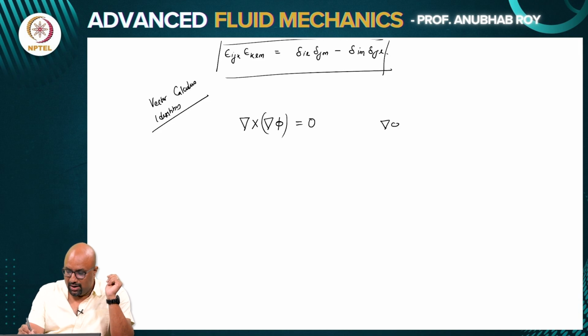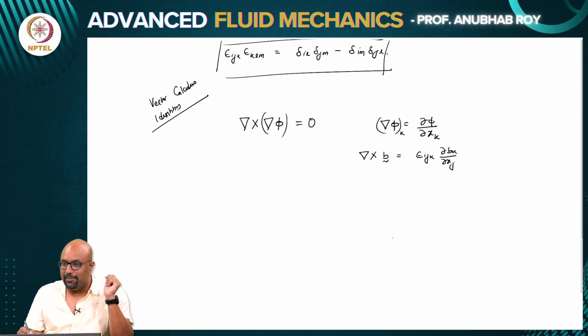So the gradient of a scalar phi is going to be dou phi dou, if this is the kth component, then this would be dou phi dou xk, and the curl of any vector, let's say the vector is B, is going to be epsilon ijk dou xj of bk, and here for me B is gradient phi.